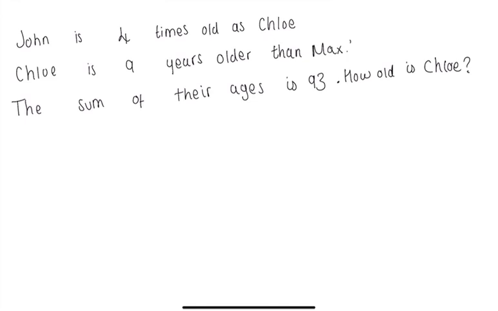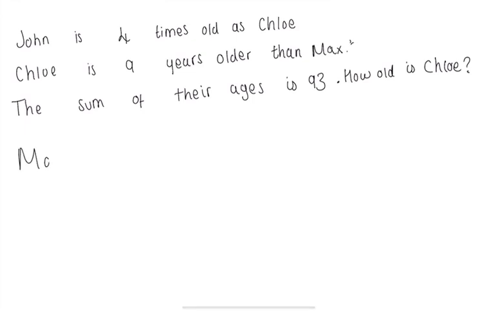Now you'll see here, we know that John is 4 times as old as Chloe. So we know that his age is in relation to someone else's. And then it says Chloe is 9 years older than Max. So what we've done is we've been given information about Chloe and John's ages in relation to someone else's. However, Max, we don't have any information about his age in relation to anyone else's.